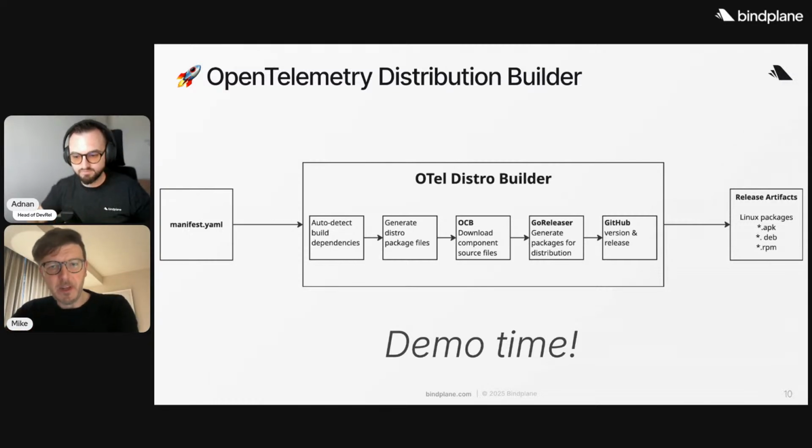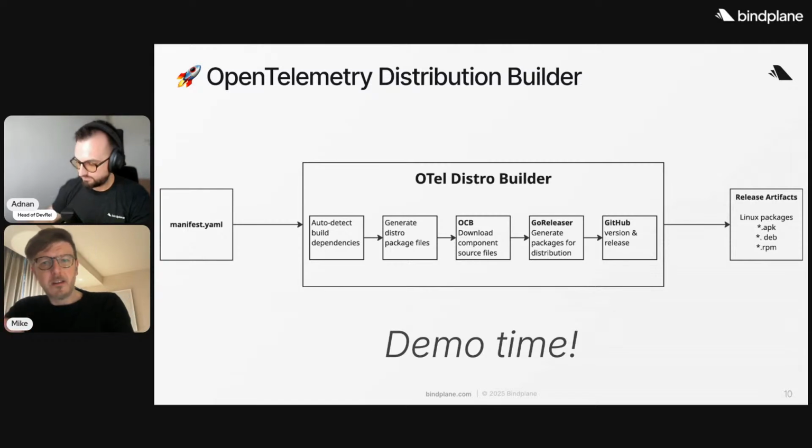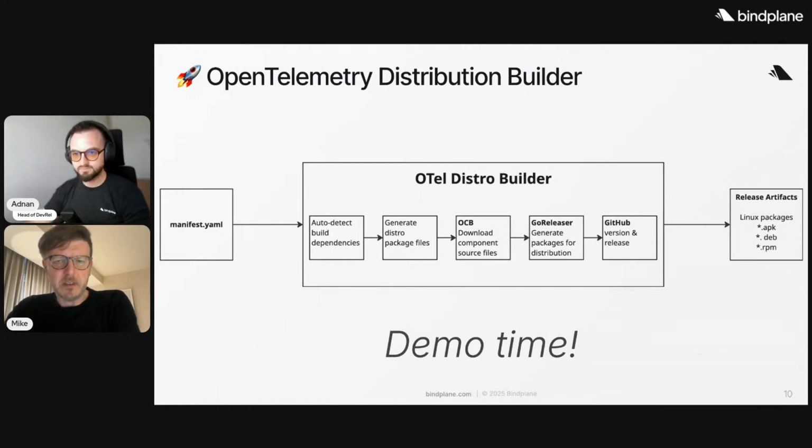We use OCB as a core piece to download all those component source files, then use GoReleaser to generate those packages for distribution, and then version those and release them in GitHub or somewhere else, or just have those packages available in a bucket somewhere if you want. So that's the process, and by its nature, the intent is for it to be really simple. So I'll show you what it looks like in practice.